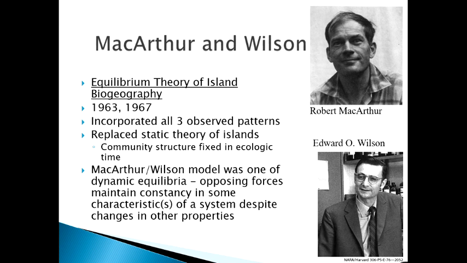They exist in a state of equilibrium as far as how many species are there, and just a few simple factors can explain that. So the three patterns help explain the number of species there, and you have to incorporate two other things. We mentioned it before. The rate of immigration, how many new species or potentially new species are arriving at an island, and then the rate of extinction or local extinction, how many are going extinct.